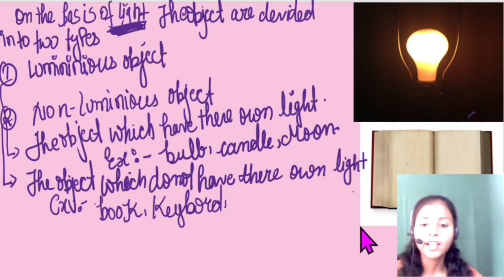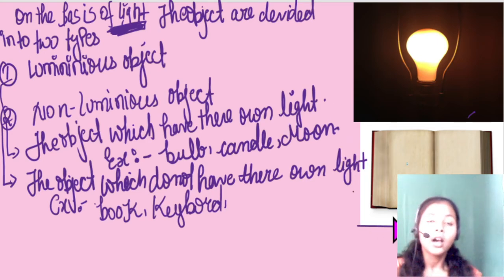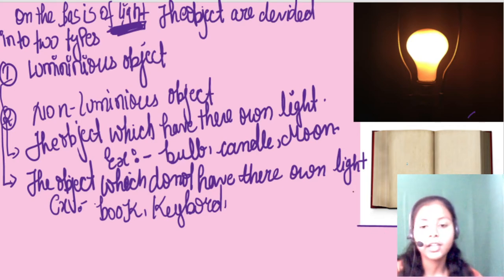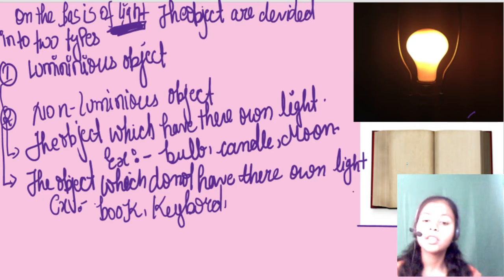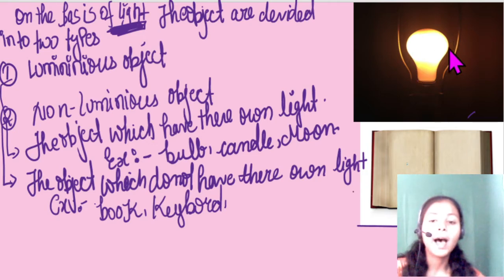So here you can take this book. How can you tell whether the book is a luminous or non-luminous object? This is non-luminous because a book doesn't have its own light, and this bulb has its own light, so it is a luminous object.